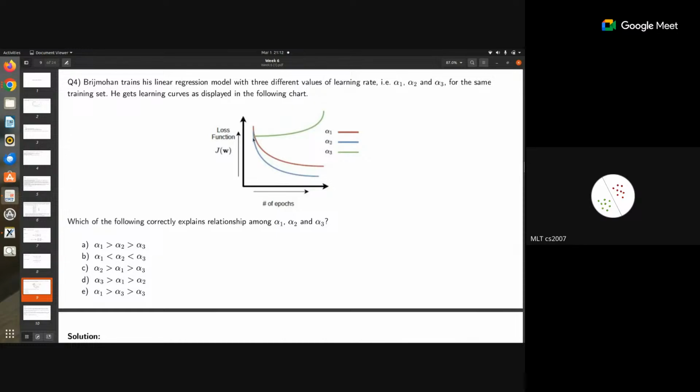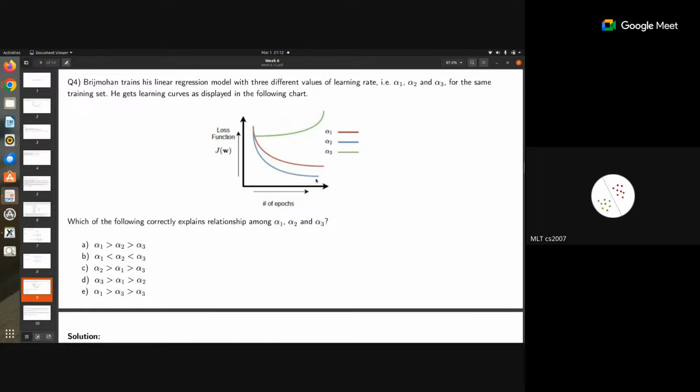Versus if you have a large alpha, what happens? You can see the green curve, it drops first and then it is increasing, right? So it will sway away. What happens to alpha 2 then? Initially it comes down very early and then slowly keeps decreasing.